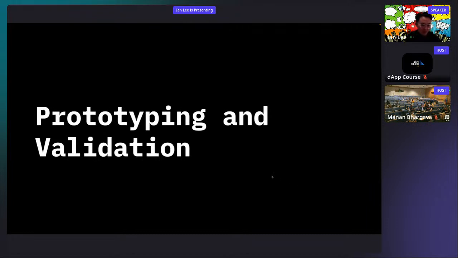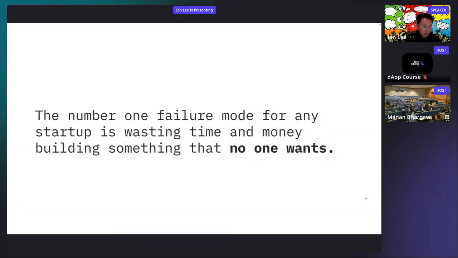The number one failure mode for any startup, Web3 or otherwise, and actually one of the other failure modes of Web3 startups, is to think that they are not like other startups. Hate to break it to you, they are. The failure is that the startup wastes time and money building something that no one actually wants. This has been plaguing startups forever.